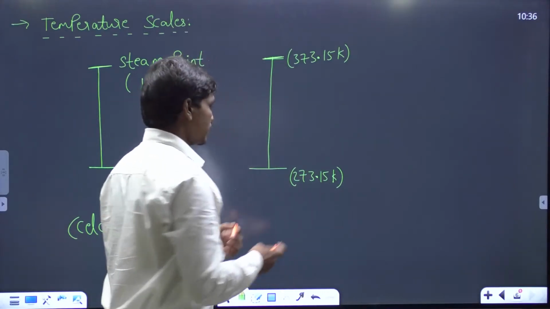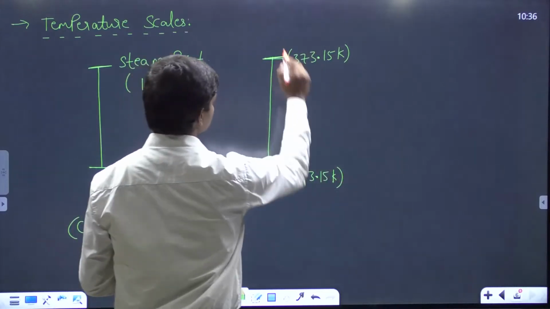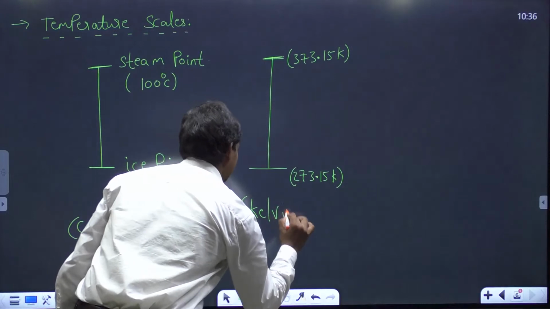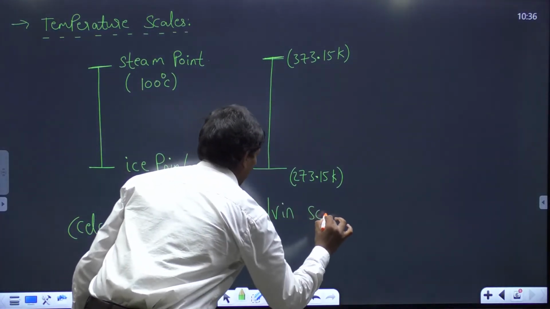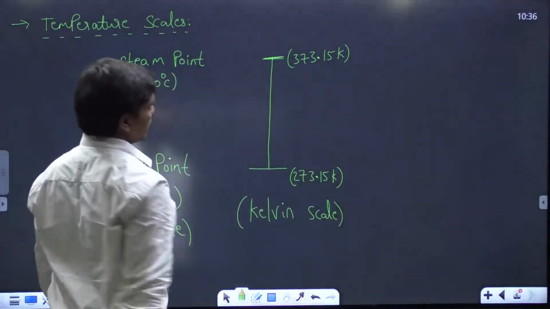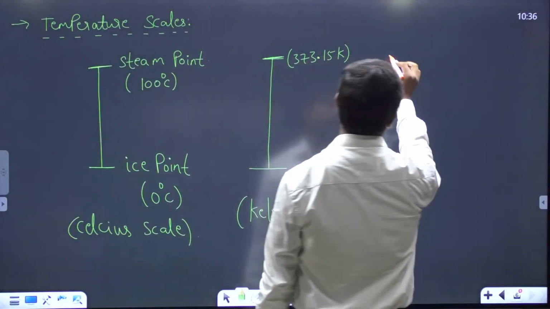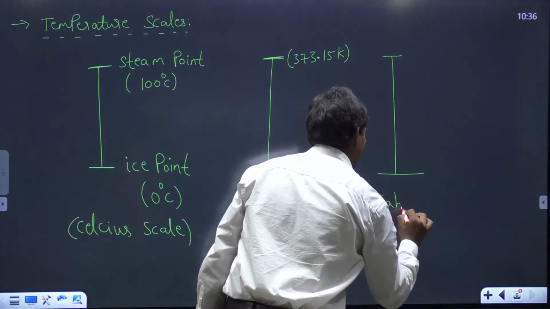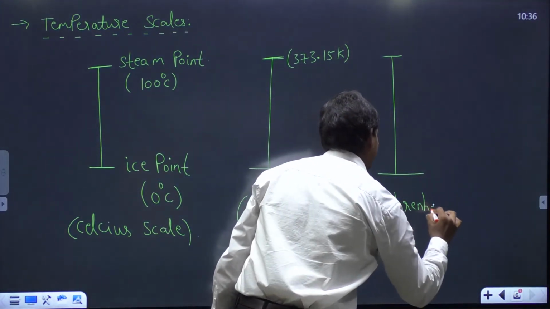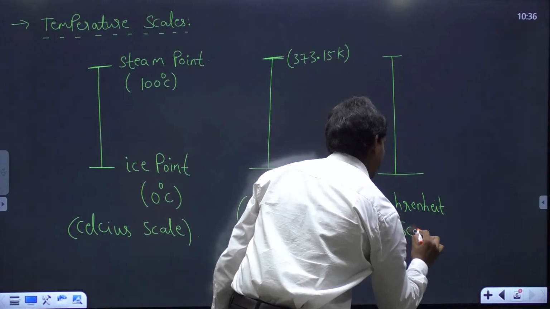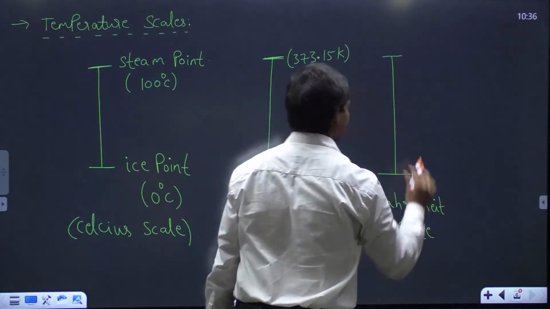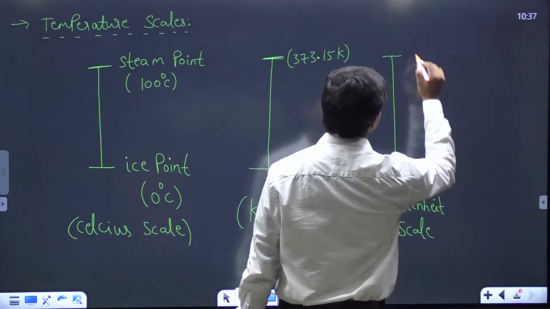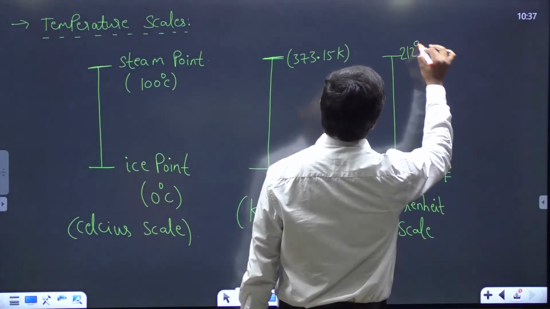Okay, so see here, 273.15 Kelvin to 373.15 Kelvin, and this is the Kelvin scale. Now there are two more scales which I could give you. One is the Fahrenheit scale, where he divided this 100 divisions length into 180 degrees totally, 32 degrees Fahrenheit to 212 degrees Fahrenheit.